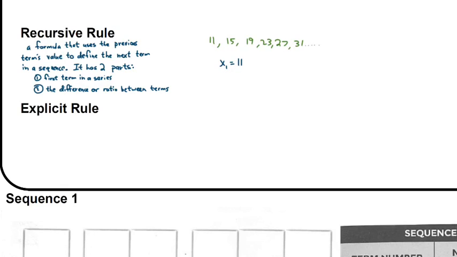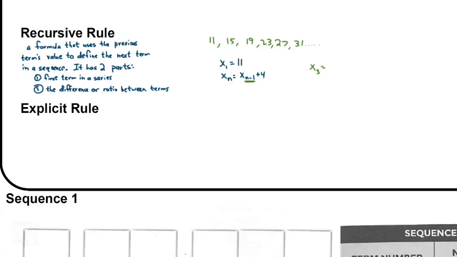The other part, x of n, x of any given number, x of whatever x we're looking for, we do x of n minus 1 plus 4. All right? Now again, these are subscripts, and we'll talk about more of these as we go along. Basically, if I want x of 3, I take x of n minus 1.